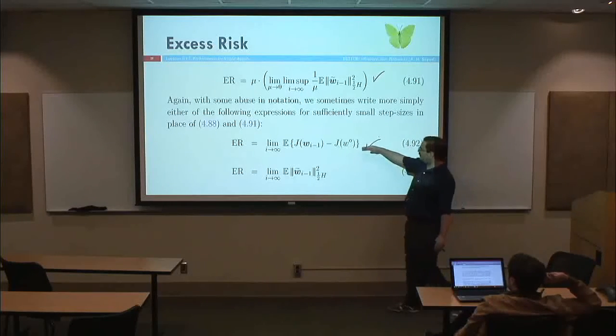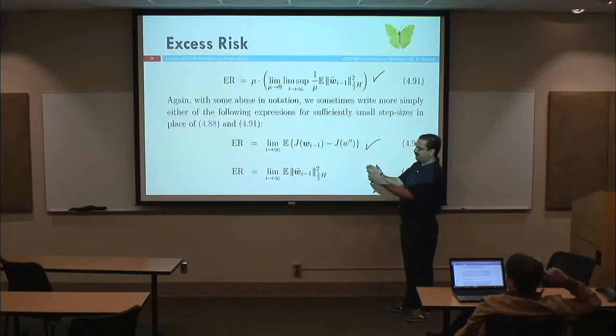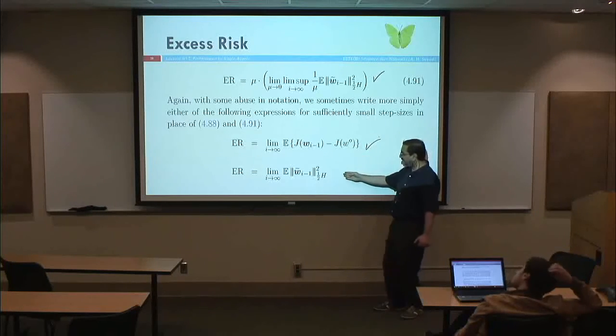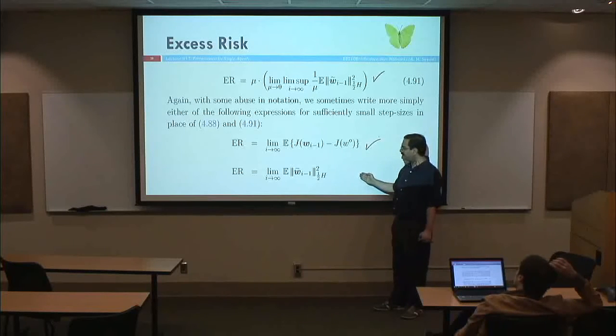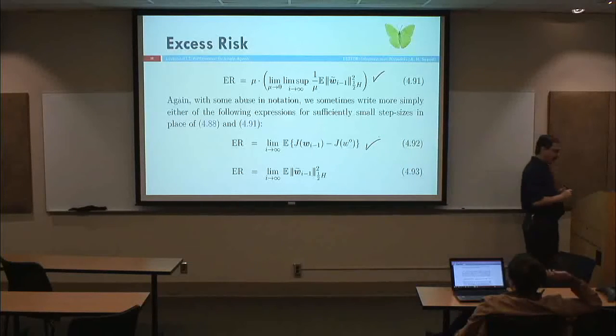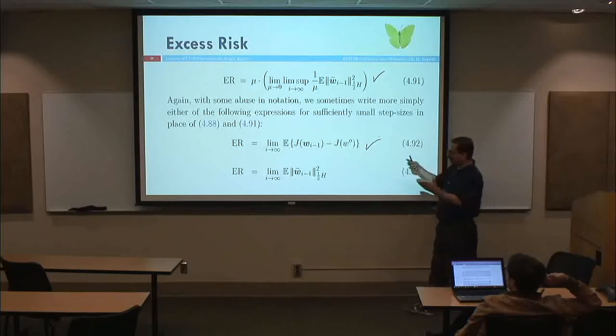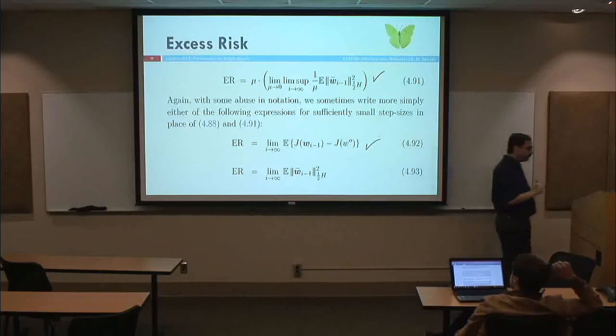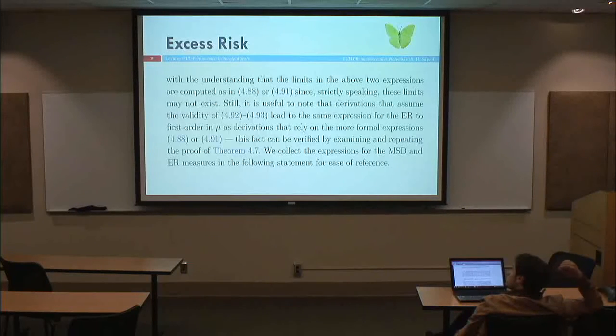And like I said, the expressions you get from here and from there will agree to first order in mu, and this is a good approximation for the excess risk; we know exactly how much it will differ, by a higher order term in mu. To prove it, you can just repeat the arguments in the notes using this definition instead of that, and you will see that that's what you get. Okay, very good.